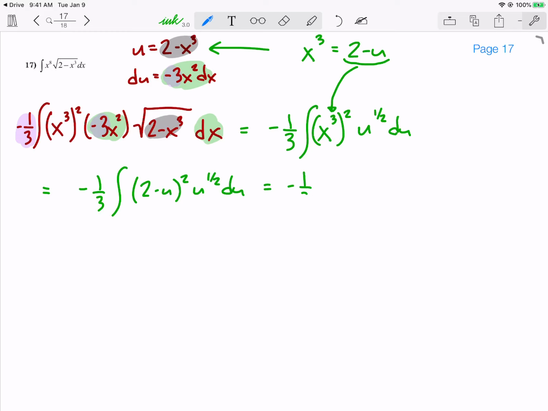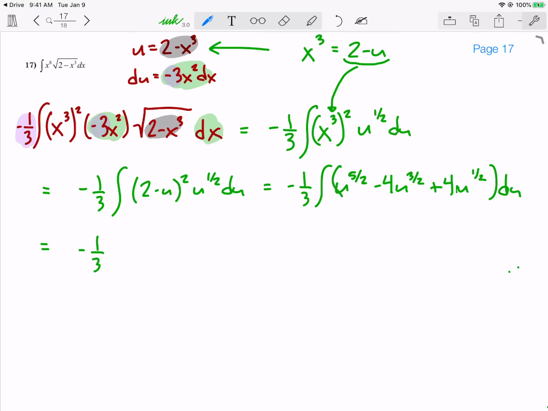So this is negative 1/3 the integral of u to the 5/2 minus 4u to the 3/2 plus 4u to the 1/2. I'll let you verify that that is correct. And then I integrate.